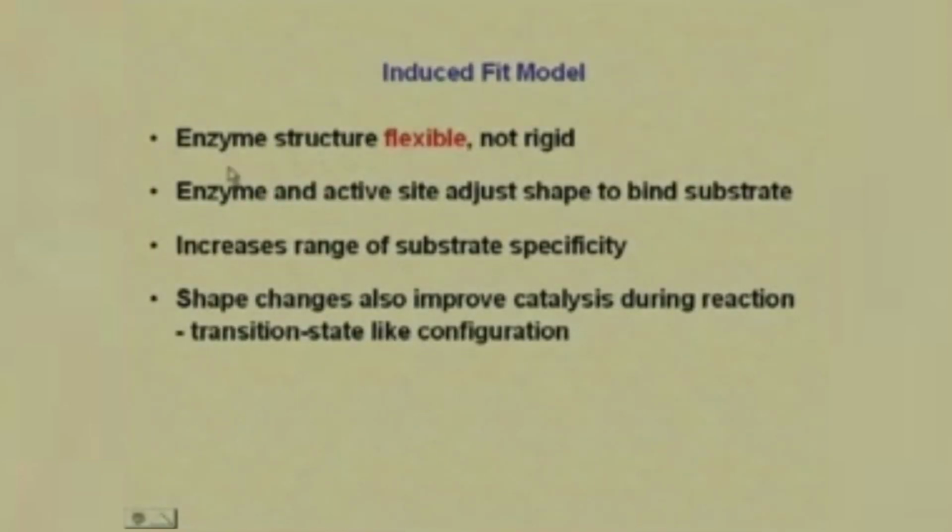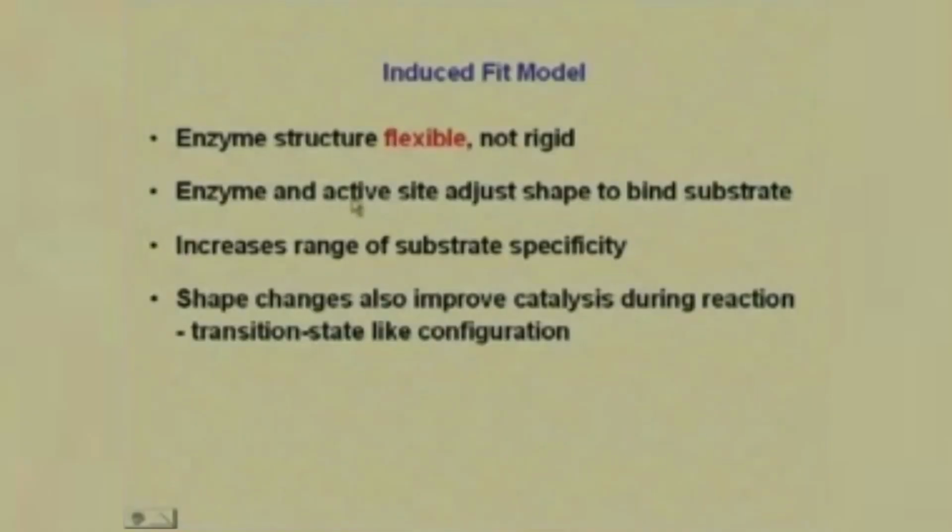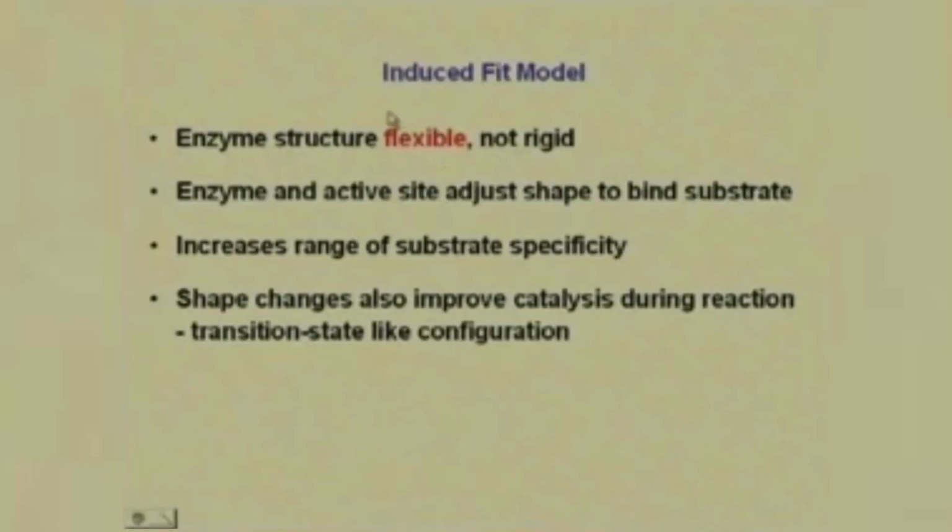What does this say? It says that the enzyme structure is actually not as rigid as a lock. Okay? It is slightly flexible. So what it does is the enzyme and subsequently its active site can adjust its shape to bind the substrate. So there is a slight modification that can occur due to the flexibility. Now why can I say that the enzyme structure is flexible? Because we have all those torsional angles, we have all the bending that can occur, a slight change in the polypeptide chain.